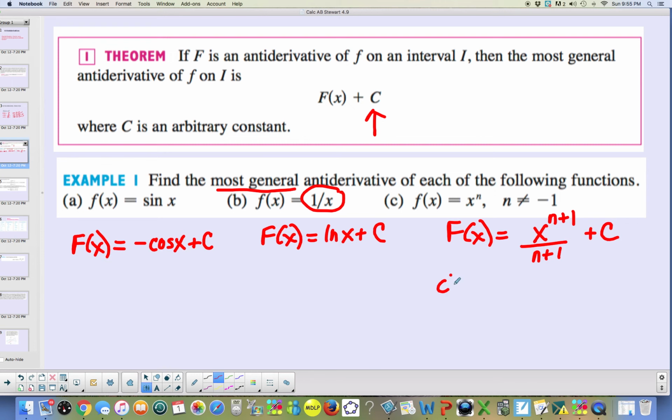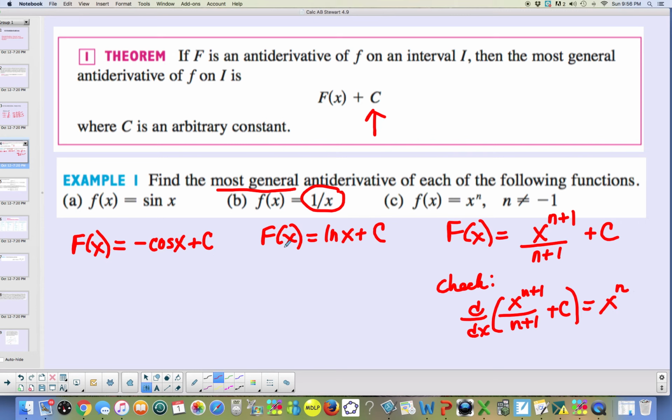Now again, it's always good to check your work. So the derivative of this antiderivative, x to the n plus 1 over n plus 1 plus c. And remember, the power rule says to bring this down, and it's going to cancel with this denominator, and I'm going to have 1 less, so that's x to the n.